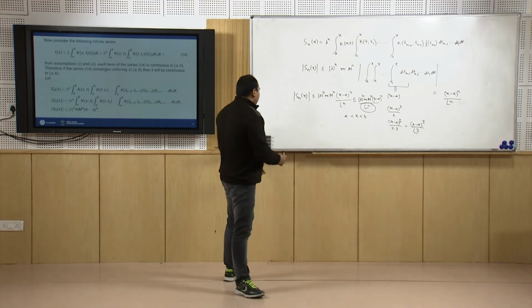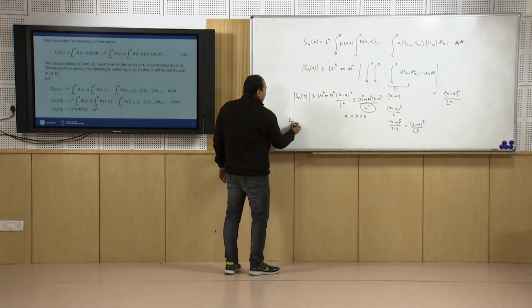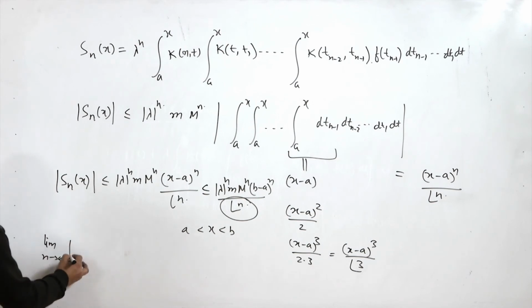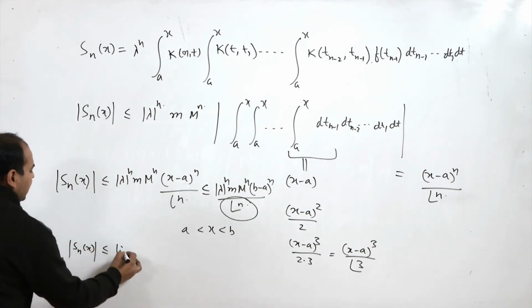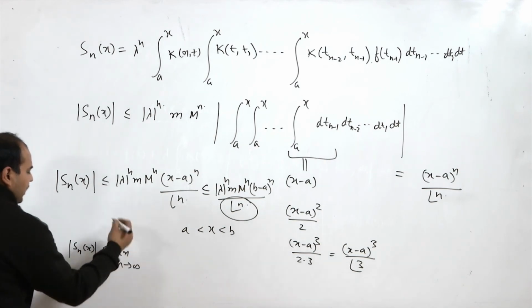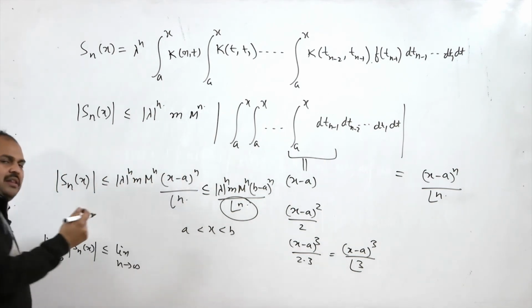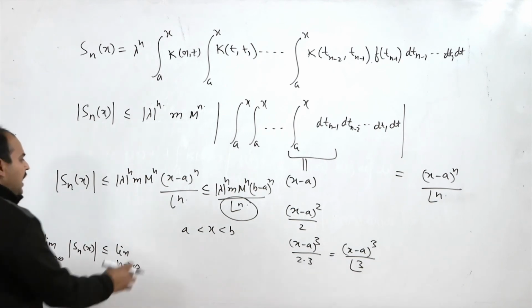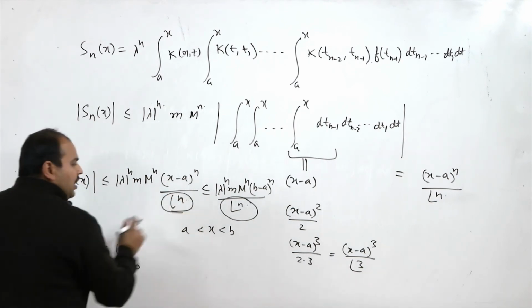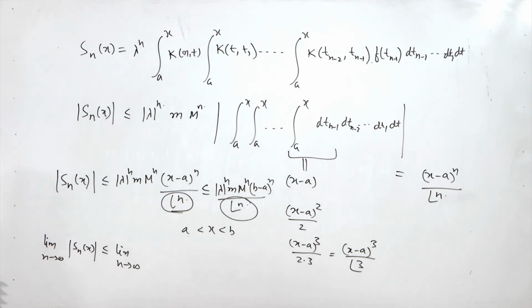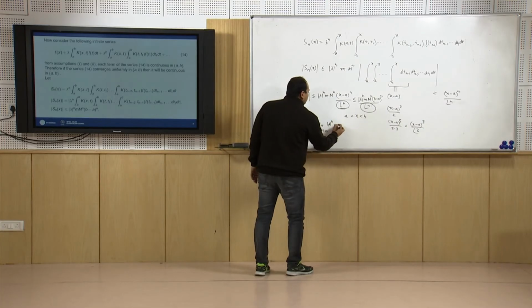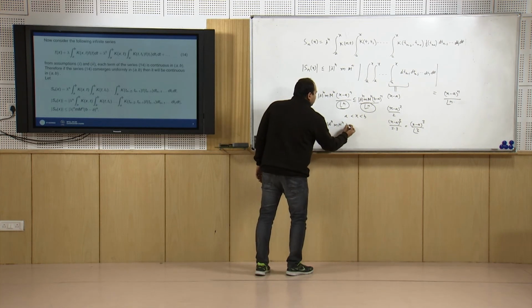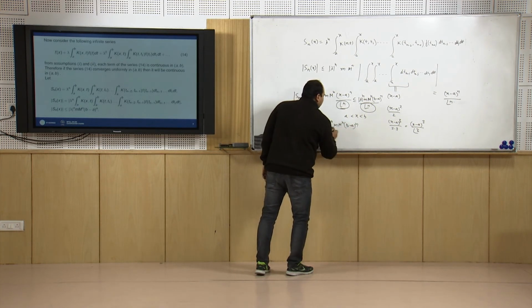So if I take the limit n tending to infinity, modulus of Sn(x) is less than or equal to the limit n tending to infinity of modulus of lambda to power n, small m, capital N, b minus a to power n upon factorial n.